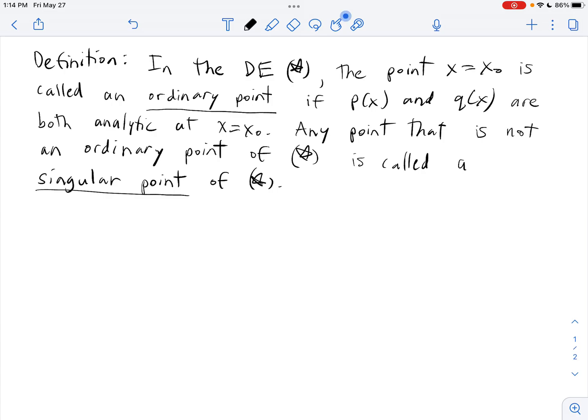All right, so let's go ahead and do an example, just to practice finding the ordinary and singular points.